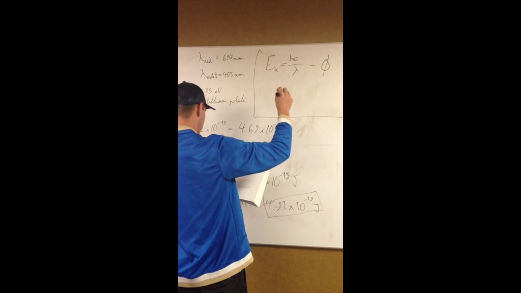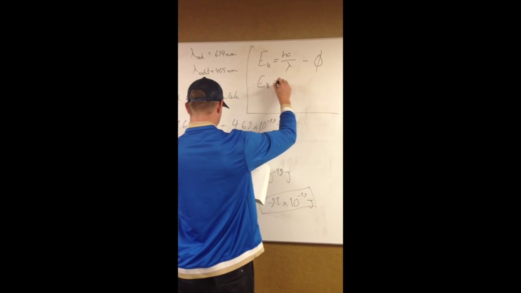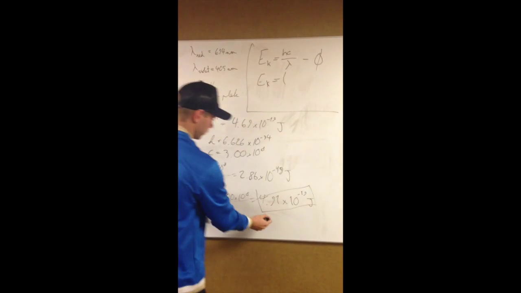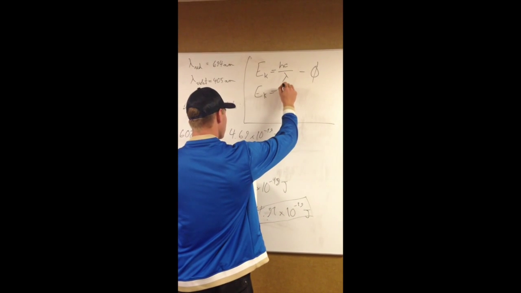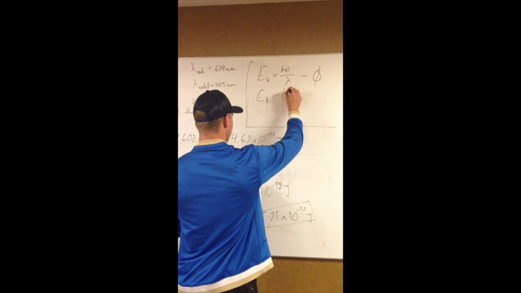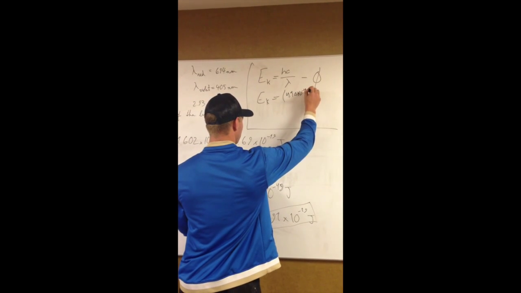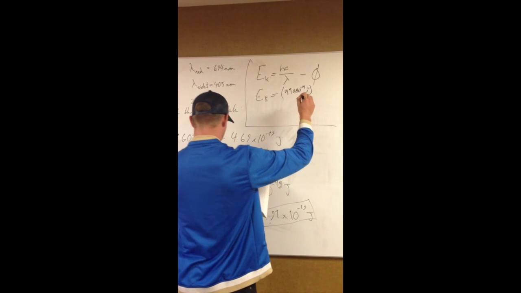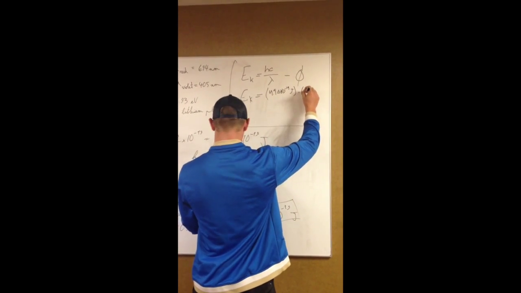So here you're given that we use the one that we determined that emitted the electrons or the photons, which is 4.9 minus the work function that we determined.